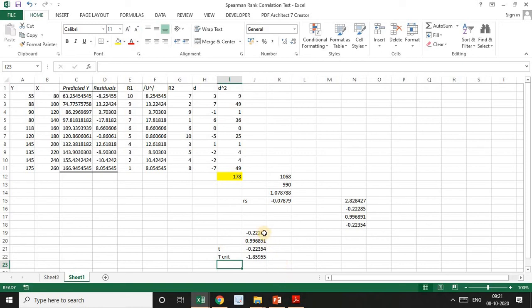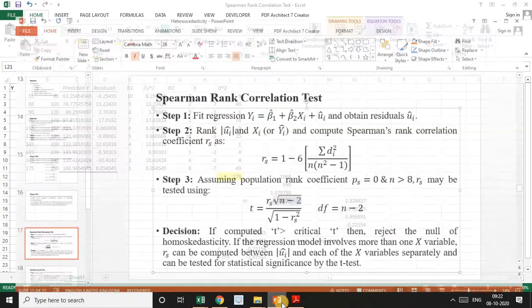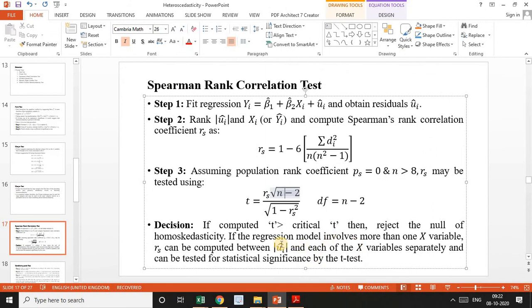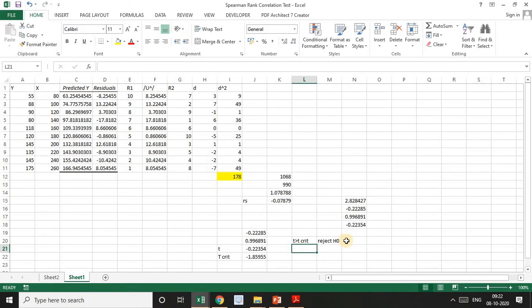Here this value is greater than this value. Your t value is greater than the t critical value, so you have to reject the null hypothesis. What is the null hypothesis here? The null hypothesis is that there is homoscedasticity, so that you have to reject. Then your conclusion will be that there is a problem of heteroscedasticity.